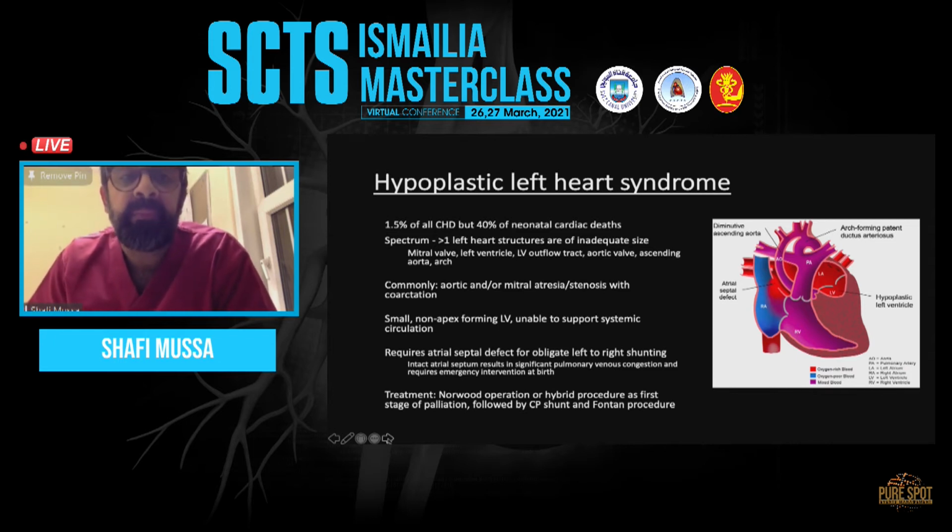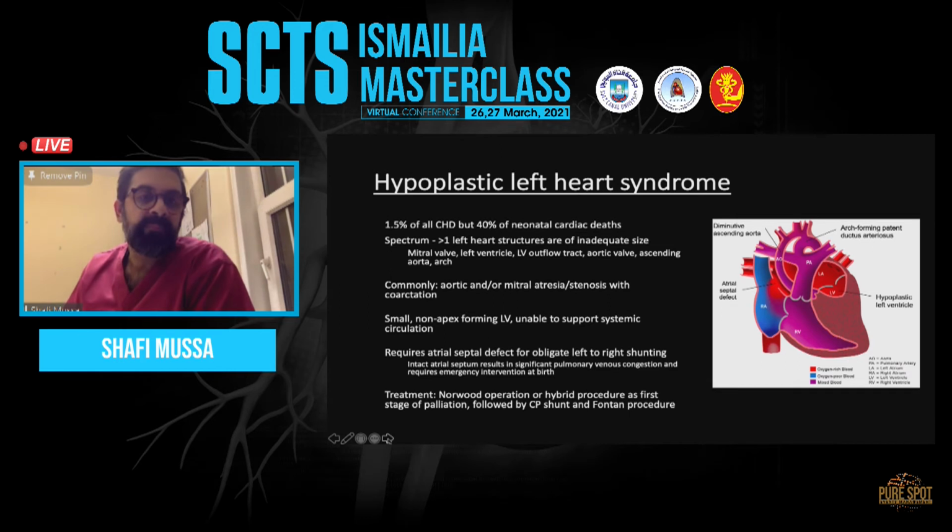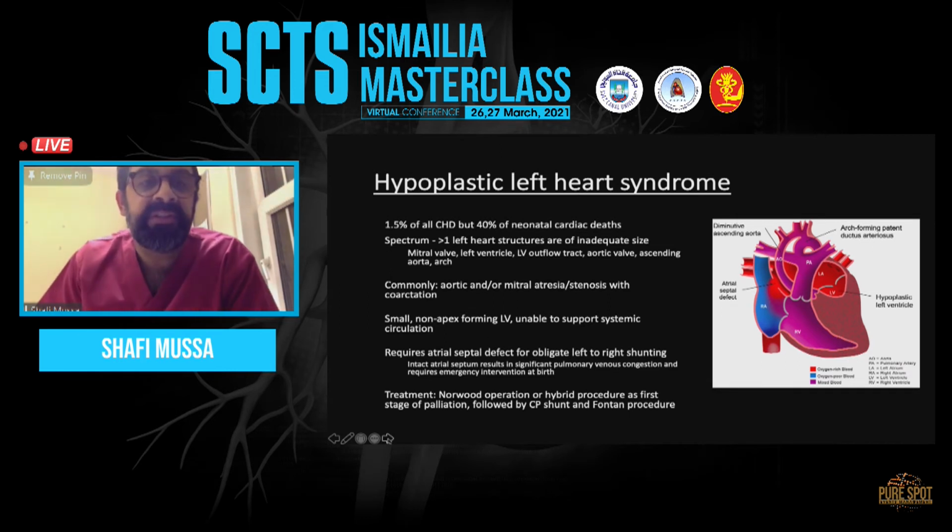Commonly, we see aortic and/or mitral atresia, or aortic atresia and mitral stenosis. The hallmark feature in these conditions is a small non-apex forming left ventricle, as I said, which is unable to support the systemic circulation.